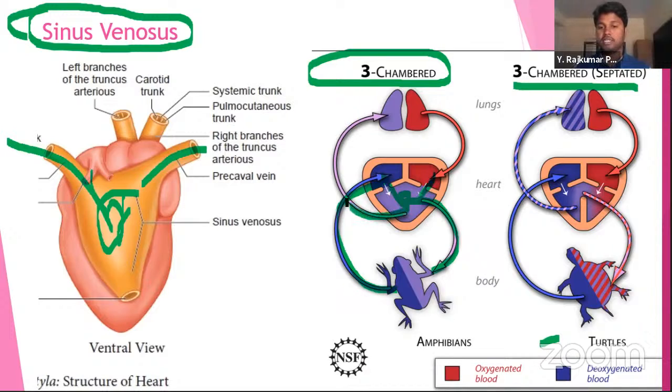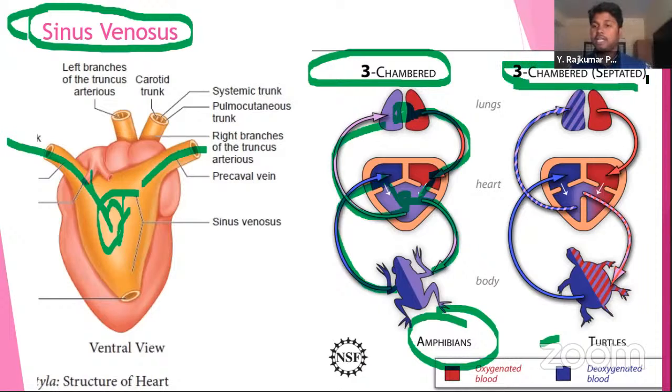Okay, and ventricle is supplying the mixed blood to the lungs. Lungs are exchanging the gases and supplying the oxygenated blood to the left atrium. Okay, this is the schematic diagram of circulation in the amphibians.